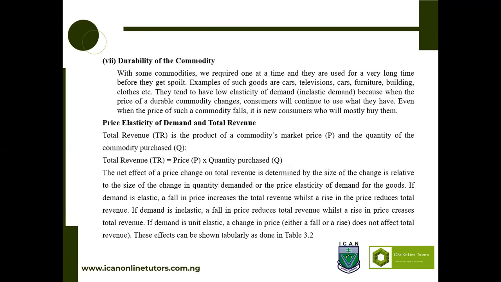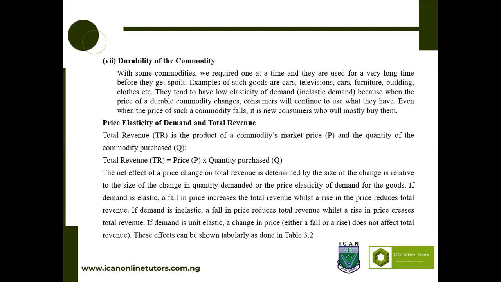Lastly, we have durability of the commodity, the time frame. With some commodities, we require one at a time, and they are used for a very long time before the goods spoil. Examples of this type of goods are cars, televisions, furniture, buildings, clothes. They tend to have low elasticity of demand because of the durability.